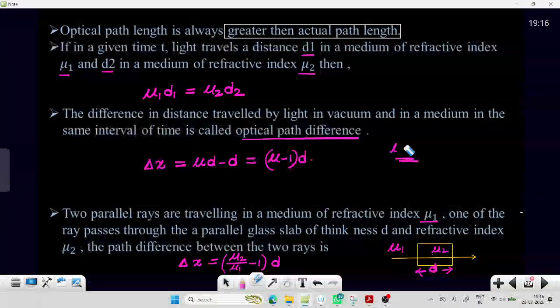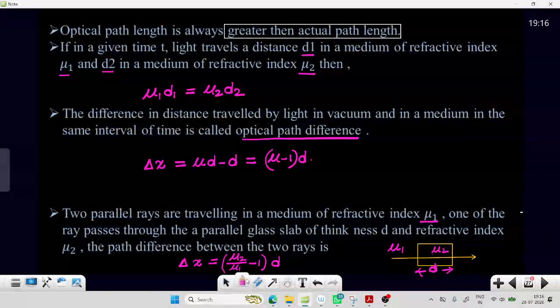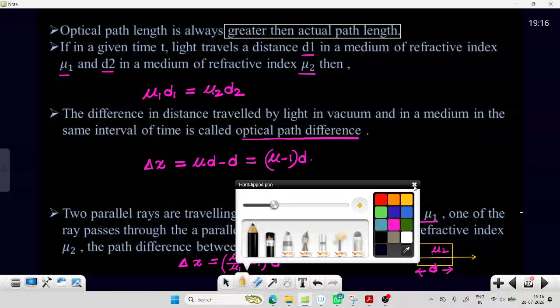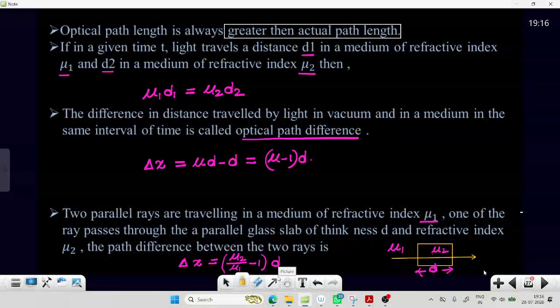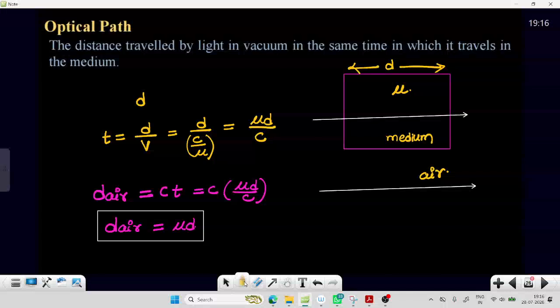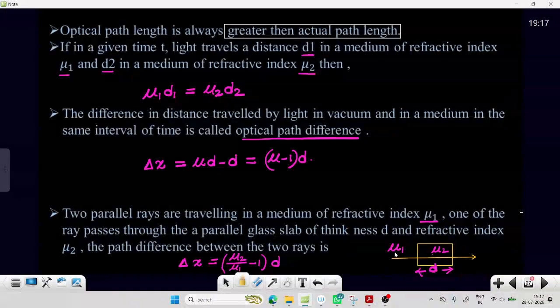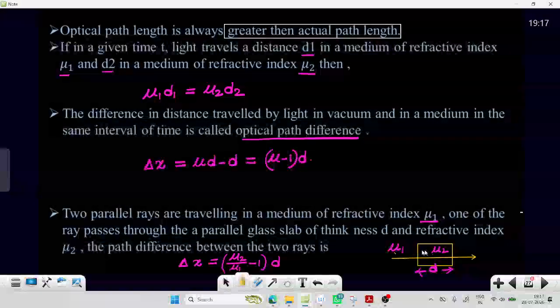Now the last point. Earlier the light was moving in a medium, air. Here, instead of air, let us consider another medium having refractive index mu2, with mu1 for the surrounding medium.